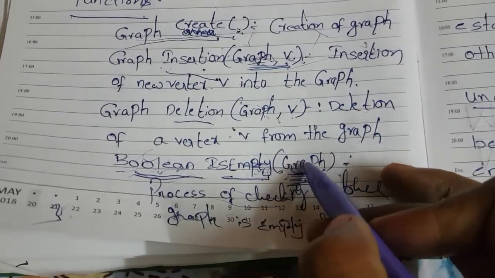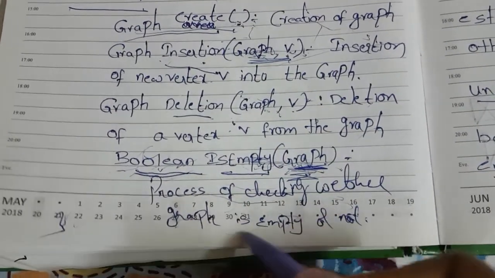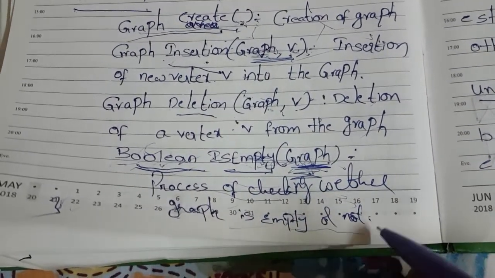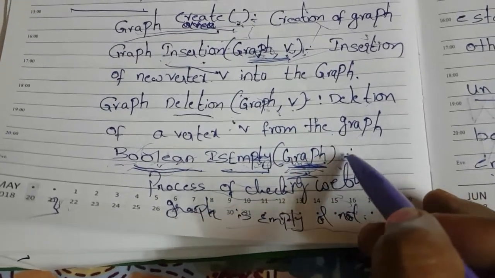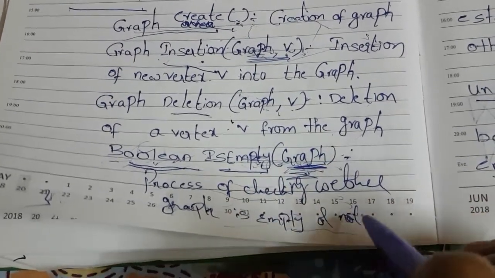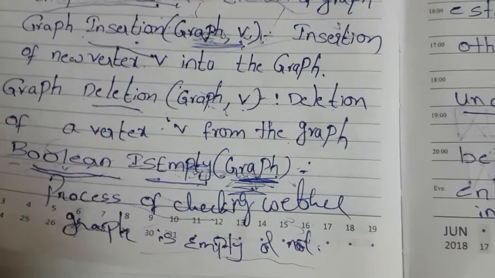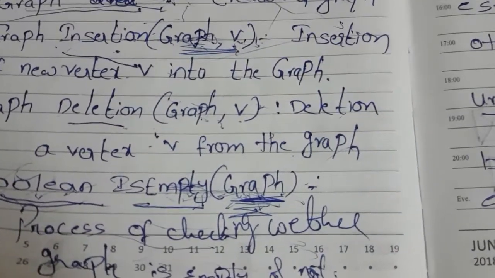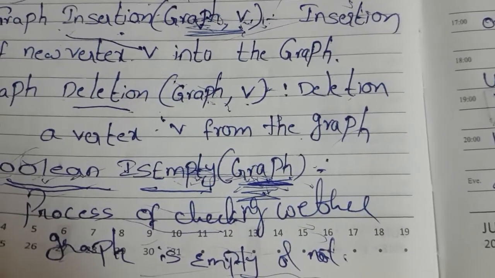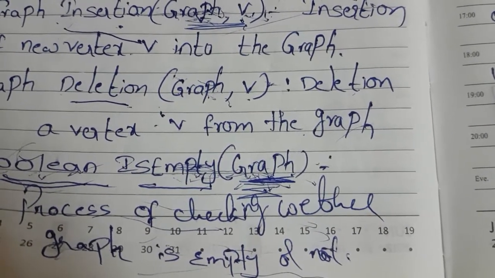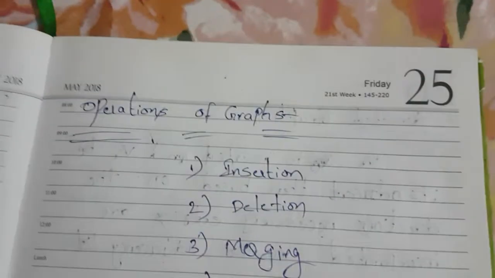This function is used for the process of checking whether the graph is empty or not. When the graph is empty, there is no vertex and no edges in that graph, then it is an empty graph.